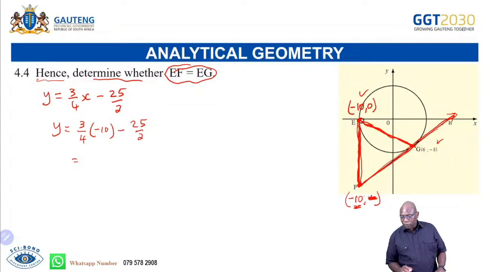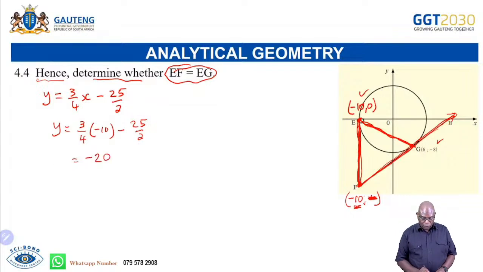Now the length of that will be equal to, I go to my calculator, 3 over 4 multiplied by negative 10 and then minus 25 over 2. The answer that I got there is negative 20. But remember this point here is negative 20. If that point is negative 20, what am I going to do now?